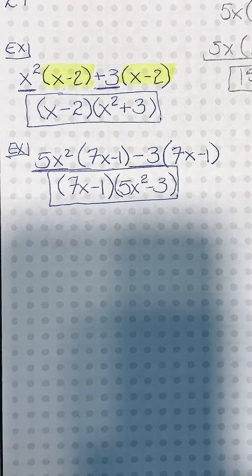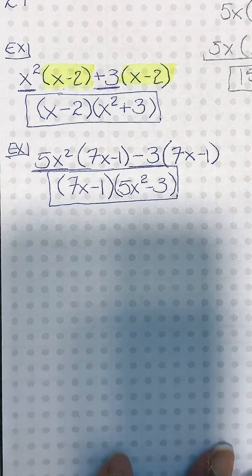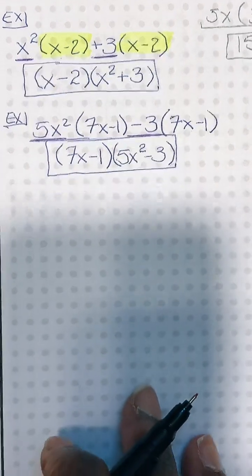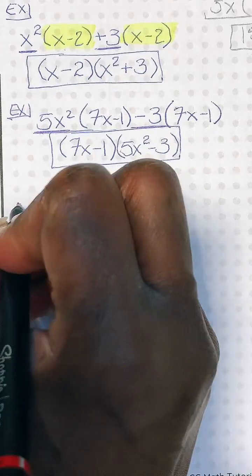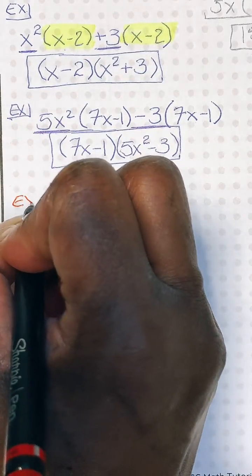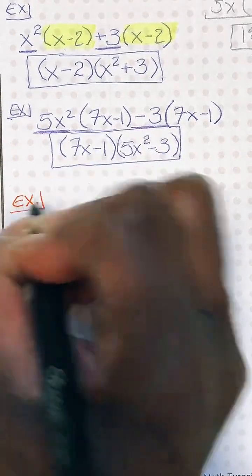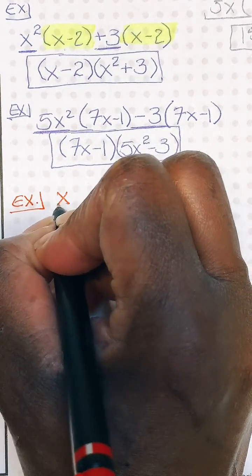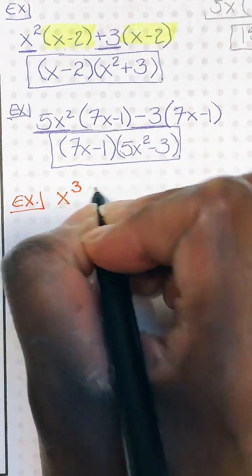Awesome. Okay. So now, let us jump into full-blown grouping. You want to use grouping when you have 4 terms. So let's see. I'm going to do basic, and then I'm going to kind of amp it up.